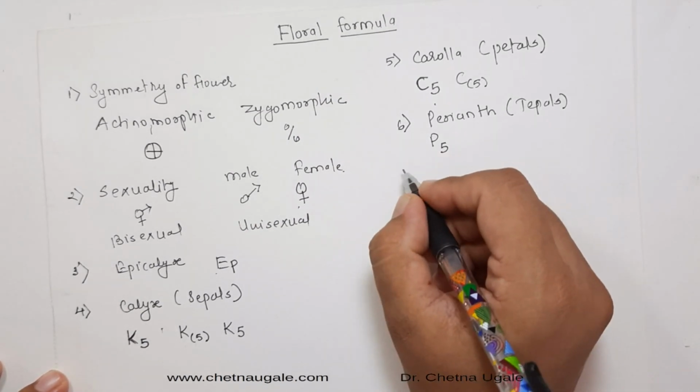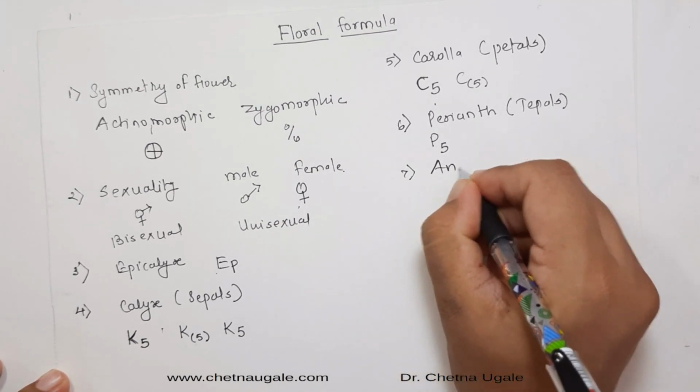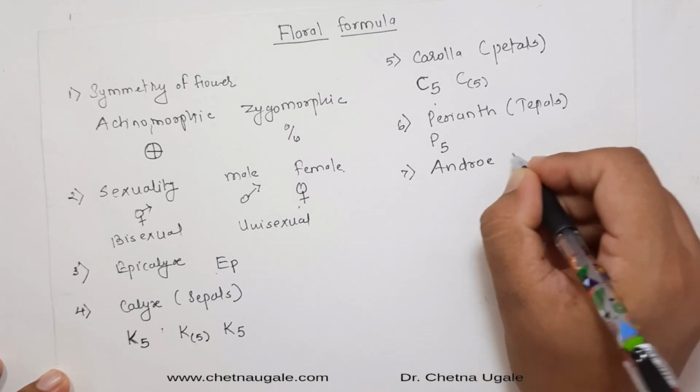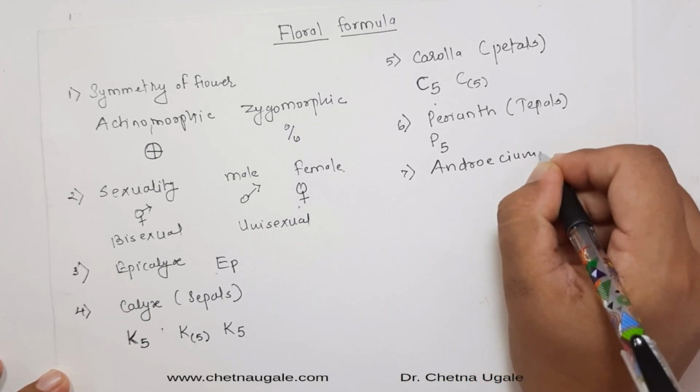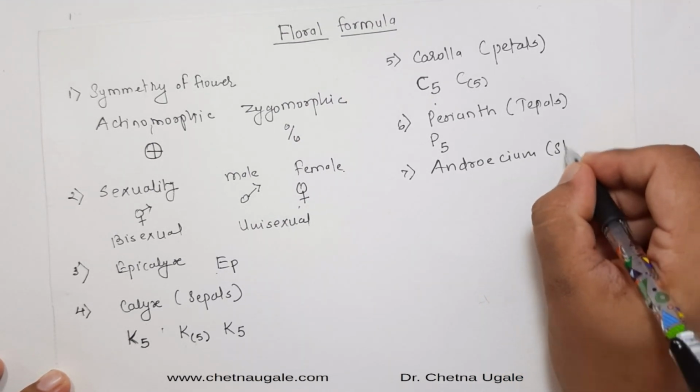The next is the androecium. Androecium is the essential floral whorl which is present next to the corolla and is composed of the stamens.